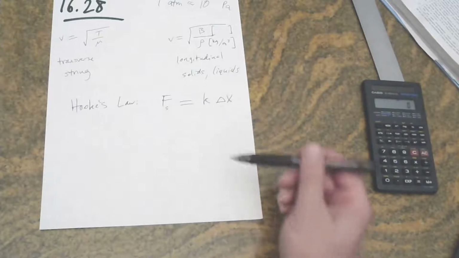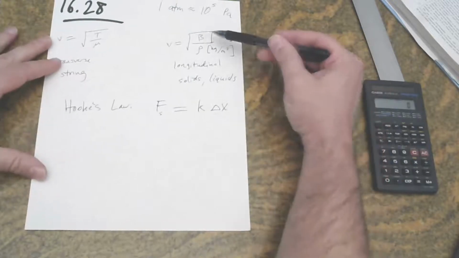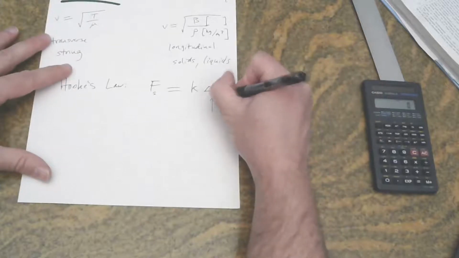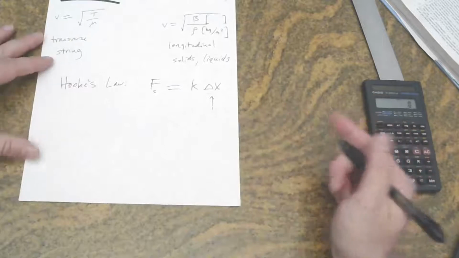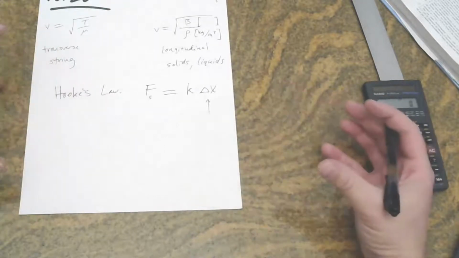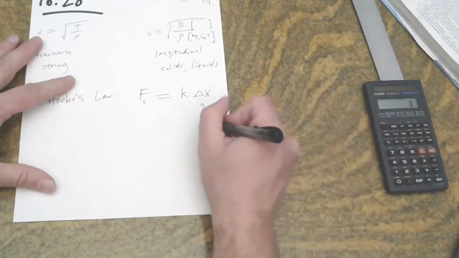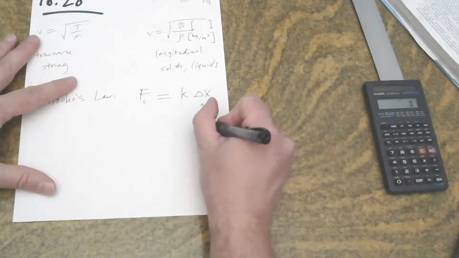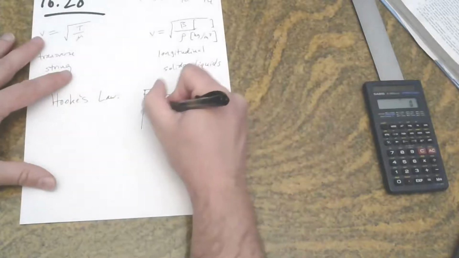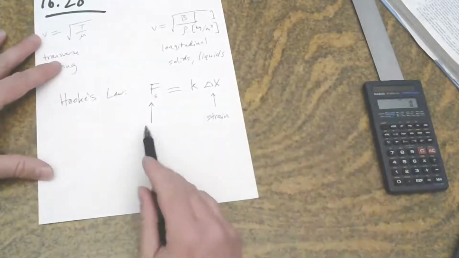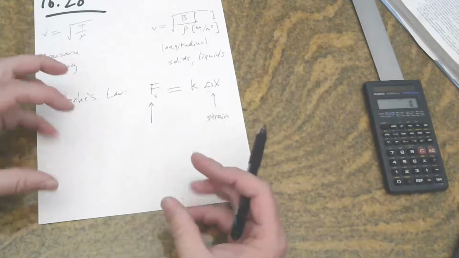Okay, so for the purposes of relating this to the bulk modulus, I want to call this, instead of a displacement of the spring, let's call it a strain. When you strain a material, you deform it from its equilibrium shape. So I'll call this strain. And instead of calling this force, which is what it is, let's think of it as a stress.